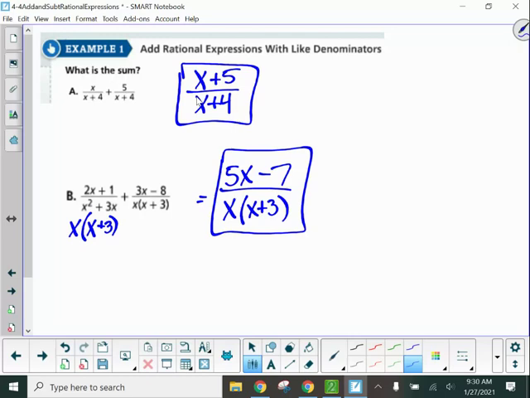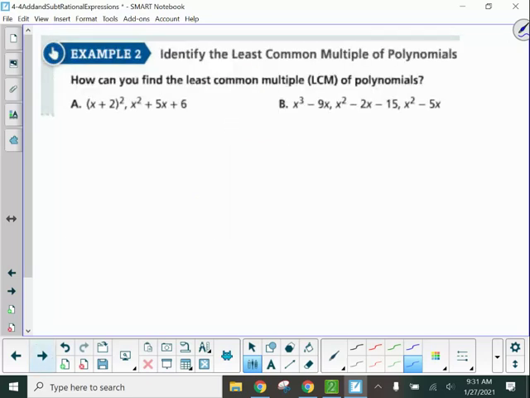So it is pretty easy to combine whenever your denominators are the same, but whenever they are not the same, then you need to consider what the least common denominator would be. And when you're finding the least common denominator, you want to consider the least common multiple of whatever the denominators happen to be. So with this example, we have two different polynomials, and we are going to come up with the least common multiple of the pair, or in part B, of the three of them.